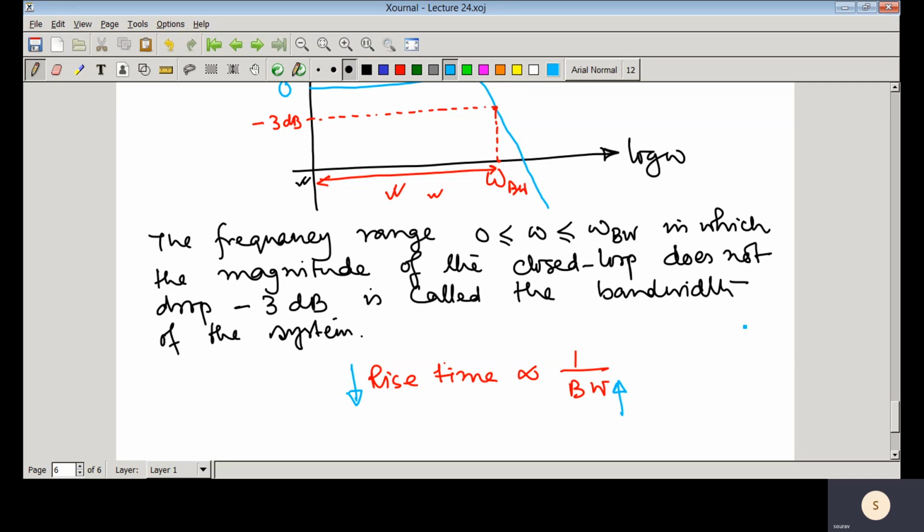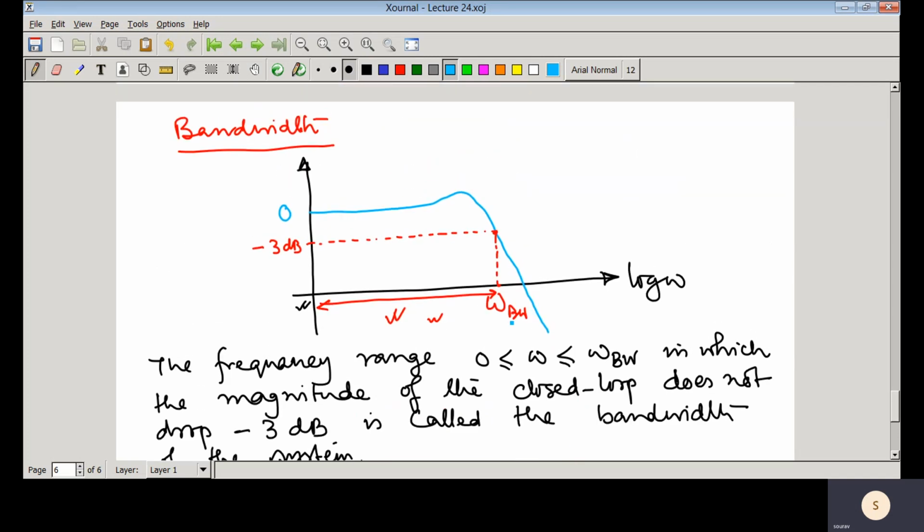And here we can also see that whenever the bandwidth is increased, this is the -3 dB line. If we increase the gain, this particular plot would be shifting like this, and this one would be the -3 dB line, and we can see that this WB range is increasing.